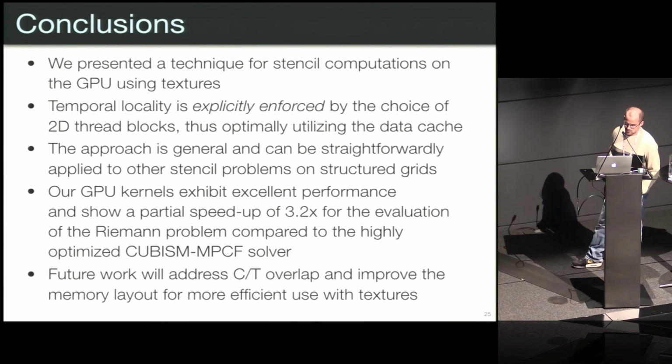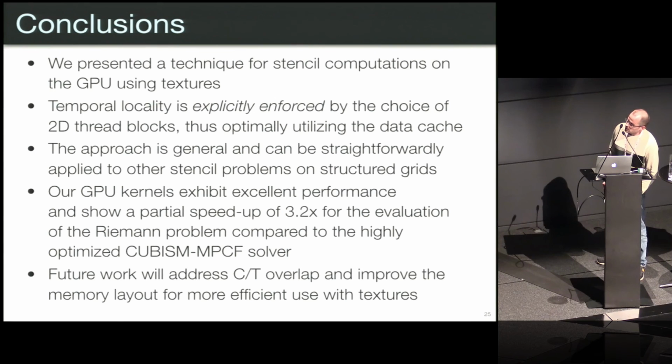Okay, with this, I would like to come to a conclusion. We have presented a technique to solve stencil problems on the GPU using texture memory, where we used explicitly 2D thread blocks to enforce temporal locality of our solver. Our approach is general and can be applied to any problem, provided that they use structured grids.